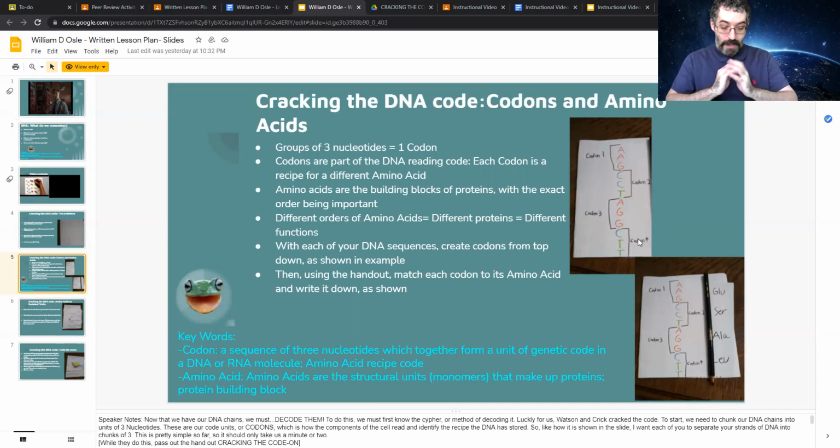Great. So these codons that we built are the secret mini recipes that unlock some of the true potential of our DNA. Each codon is a blueprint for a chemical known as an amino acid. Now, amino acids are the building blocks of proteins, and proteins are the building blocks of life. There is a very specific purpose to DNA, however.